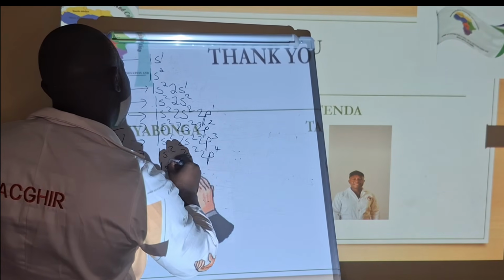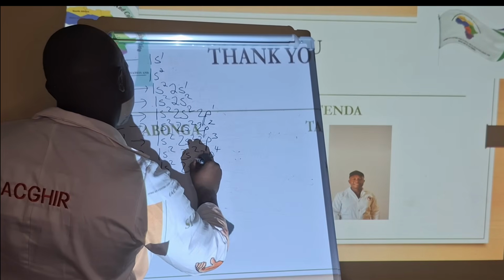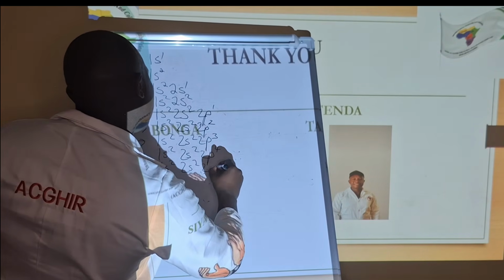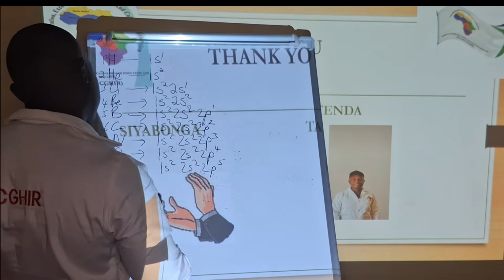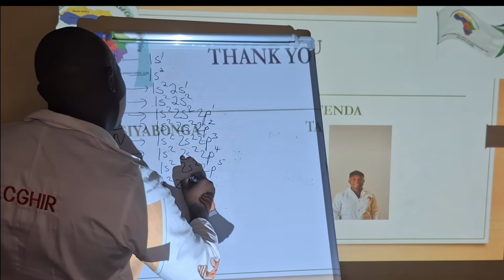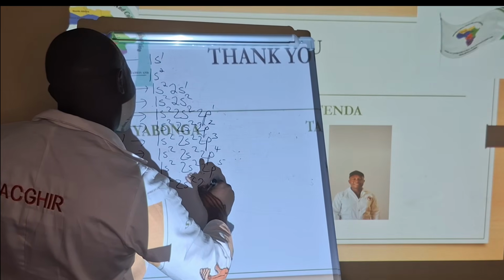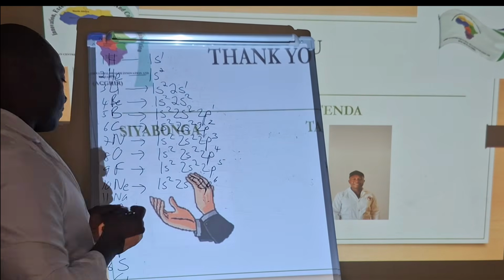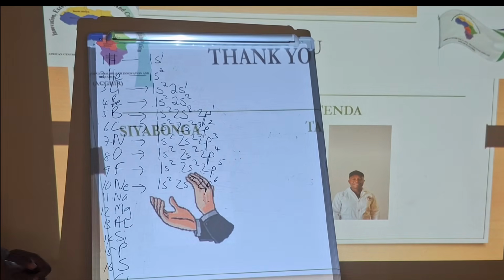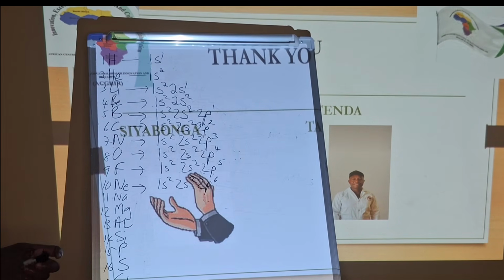Fluorine, 1s2, 2s2, 2p5. Right, neon, 1s2, 2s2, 2p6. Right, so let us check whether this is correct or not.